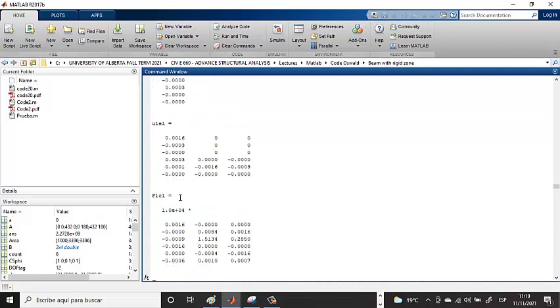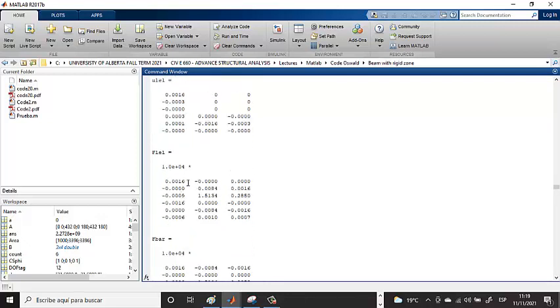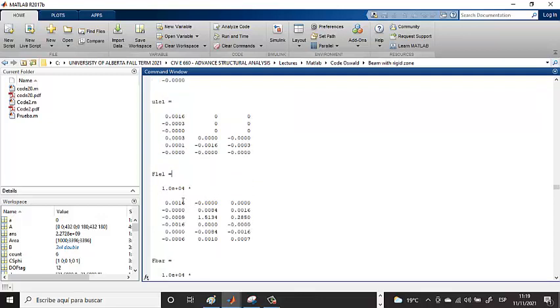Now to check the forces that are important to draw the shear diagram, the moment diagram, and the axial diagram, we can follow the forces in the local coordinate system, right? So this is for the first element, the second element, and the third element. For the beam, the third degree of freedom corresponds to the moment.